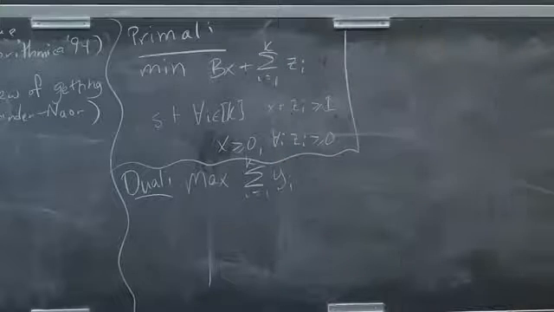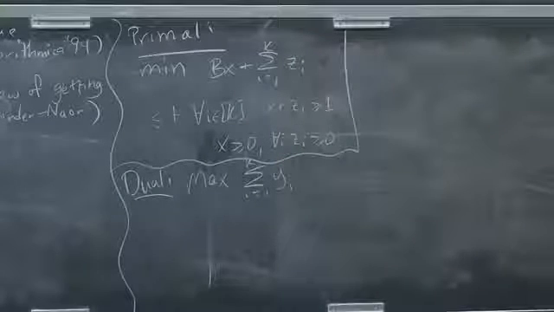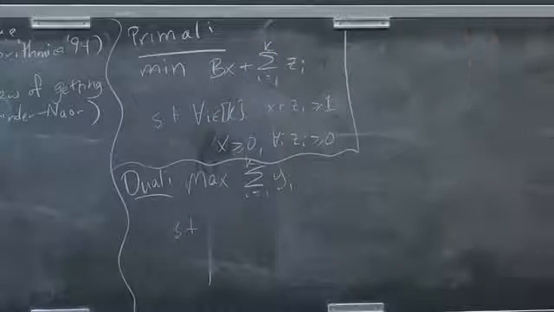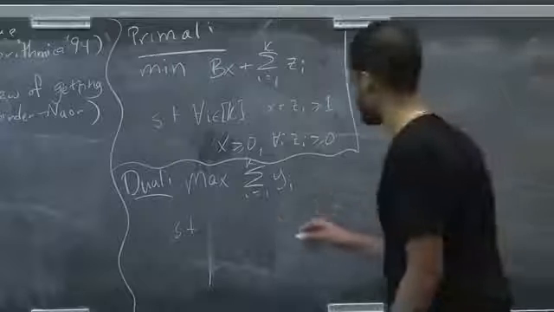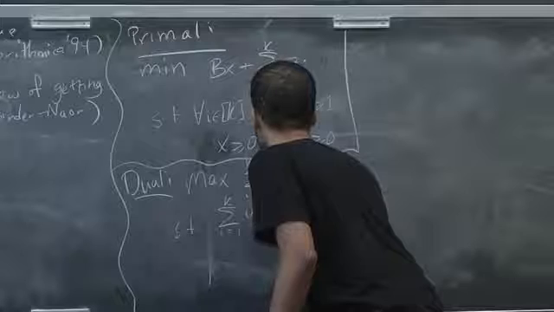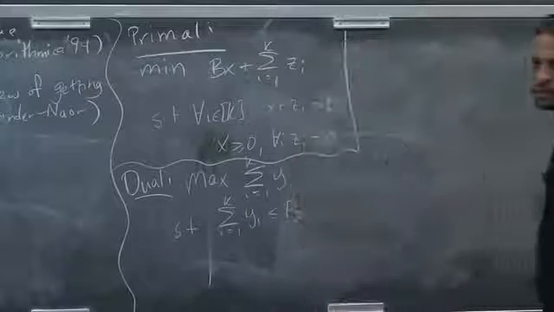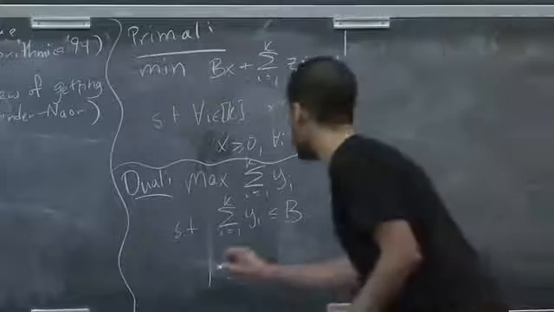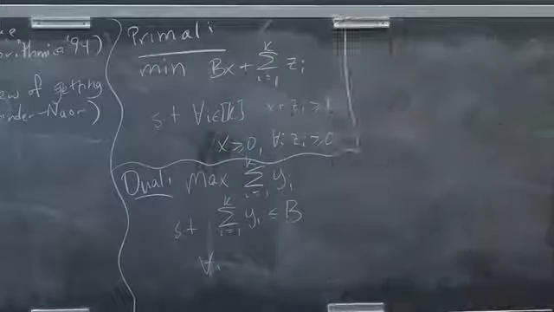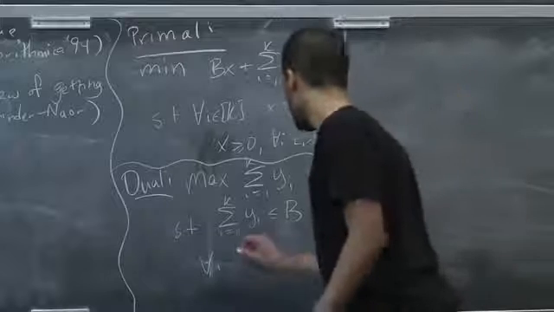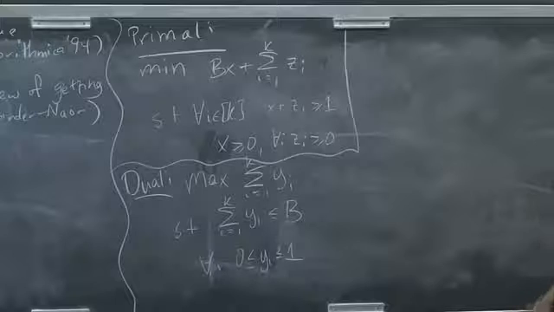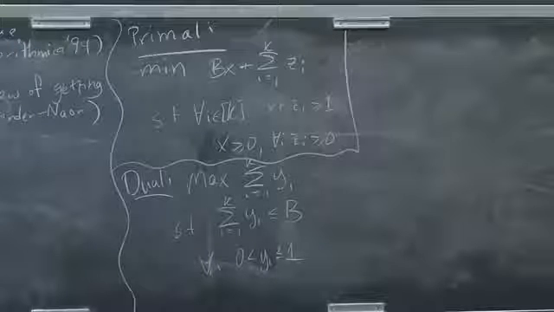So you have one variable for every day, such that the sum i from 1 to k of yi is at most b, and also that for all i, 0 is less than or equal to yi is less than or equal to 1.